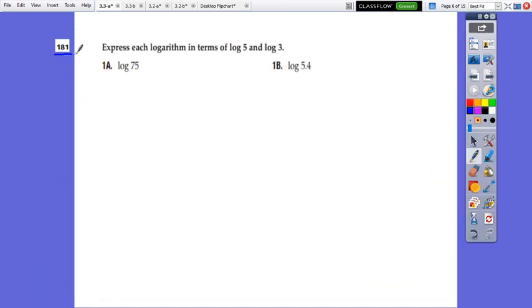On page 181, we have a few questions there. So express each logarithm in terms of log 5 and log 3. I'm going to take the first question, log 75. As long as no base is written, the base is 10, so this is a common log. It could be e or whatever any other log. To simplify, we have to rewrite 75 as a product of factors, so log 75 is 3 times 25, where 25 is 5 squared.